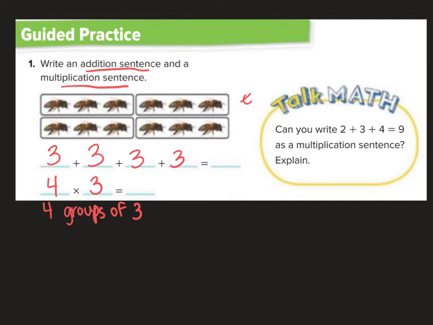I know that 2 3s are worth 6, so 4 3s are worth 12. Or I could just take 3 plus 3 is 6, 6 plus 3 is 9, 9 plus 3 is 12. So that means that 4 groups of 3 are 12.